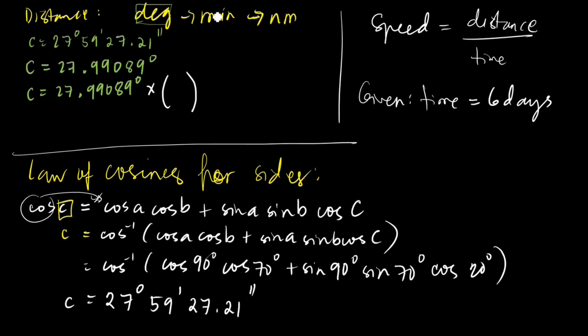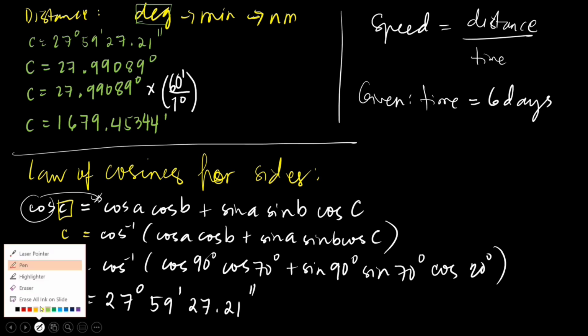Since we need to convert it into minutes, we know that in 1 degree, there are 60 minutes. So in your calcu, you just multiply the answer that you have a while ago by 60. So we have 1,679.45344 minutes. Okay.